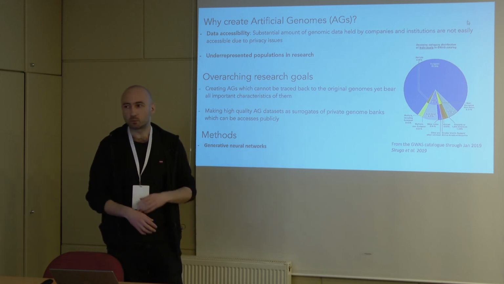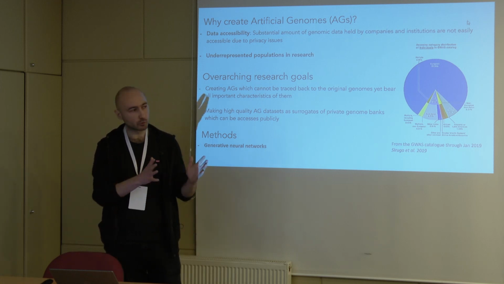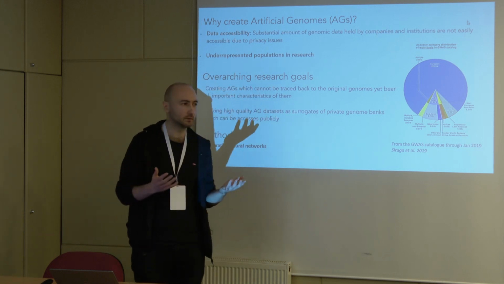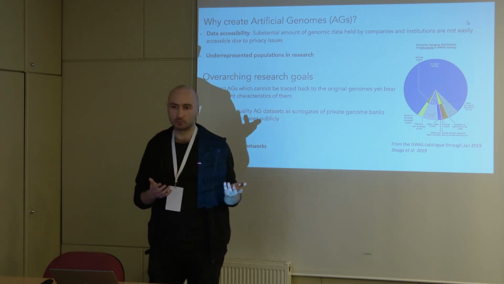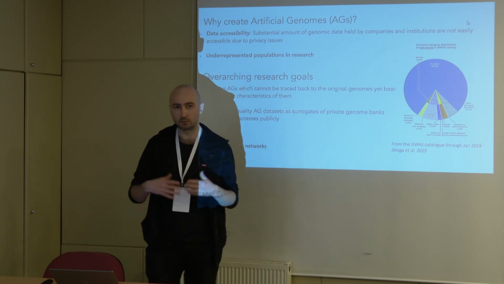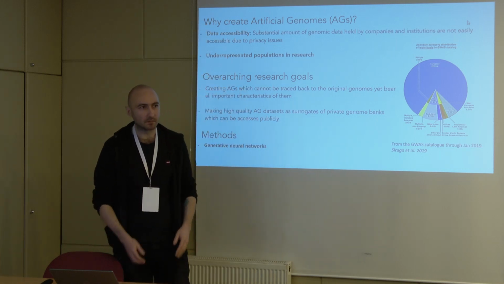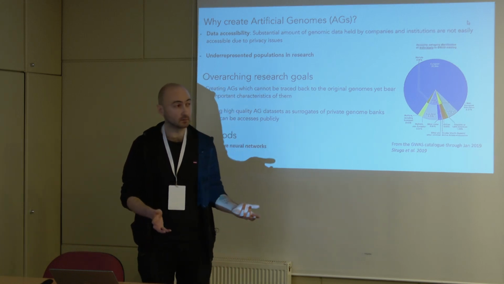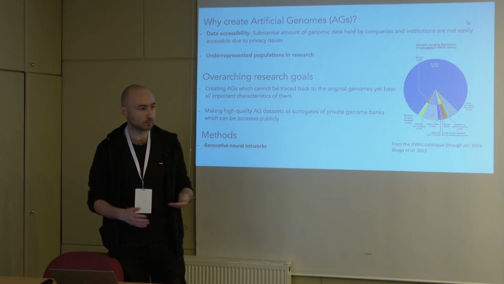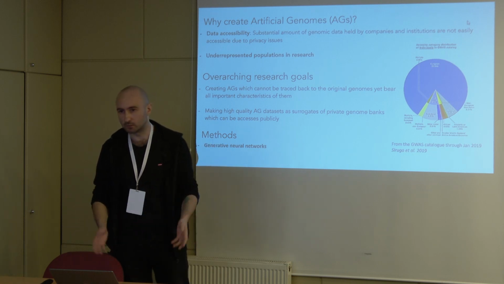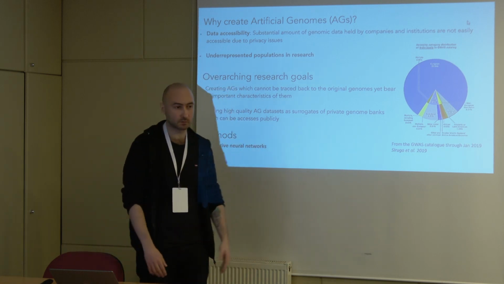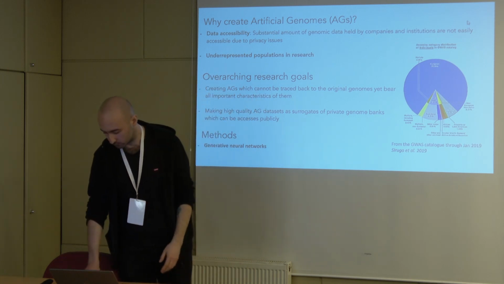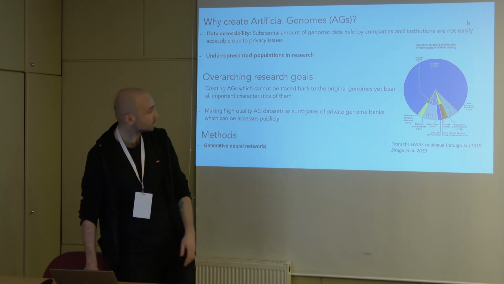So our idea was that if we can create really good surrogates for real genomes, which have most of the good characteristics but cannot be traced back to the original data, maybe people can do analysis on this. And later on, maybe these can be used to create surrogate databases, surrogate biobanks, so that people can access them publicly, just like maybe you access the 1,000 genomes database. And for this, we would like to test generative modeling, generative neural networks.